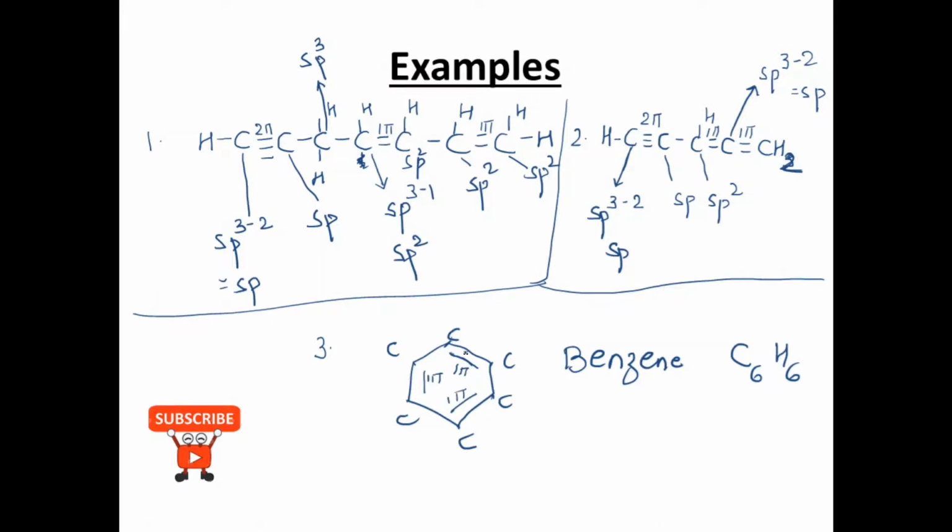Can you see each and every carbon atom is associated with 1 pi bond. So all the carbon atoms are sp2 hybridized. If I say sp3 minus pi bond, each carbon is sp2 hybridized because they have 1 pi bond. And how do we come to know they have 1 pi bond? Yes, a double bond. A double bond contains 1 pi bond.